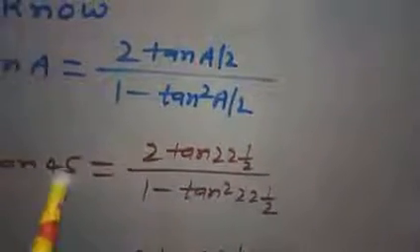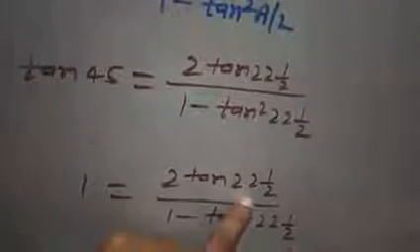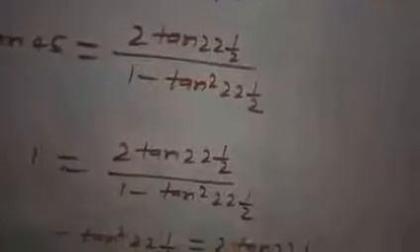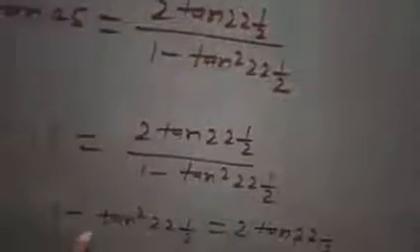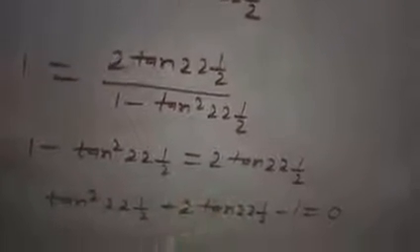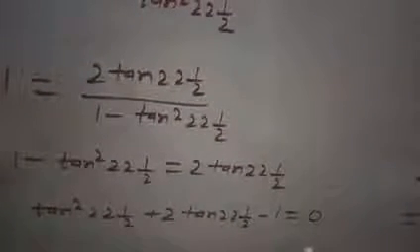As we know that the value of tan 45 degree is 1. So 1 equals 2 tan 22.5 upon 1 minus tan square 22.5. So by cross multiplication, 1 minus tan square 22.5 is equal to 2 tan 22.5. Here is minus, so on the other side of equals it becomes plus. This is also plus. Here plus 1, on the other side of equals it becomes minus 1, that is equal to 0.